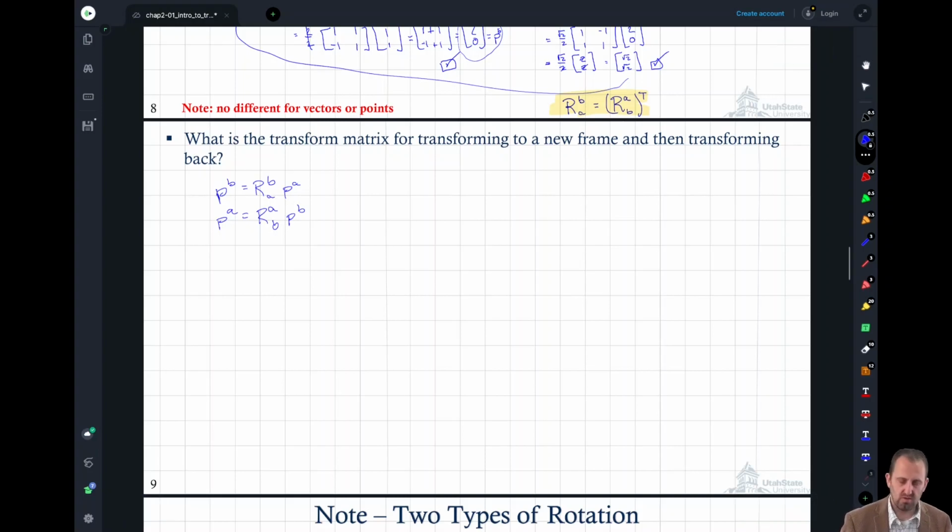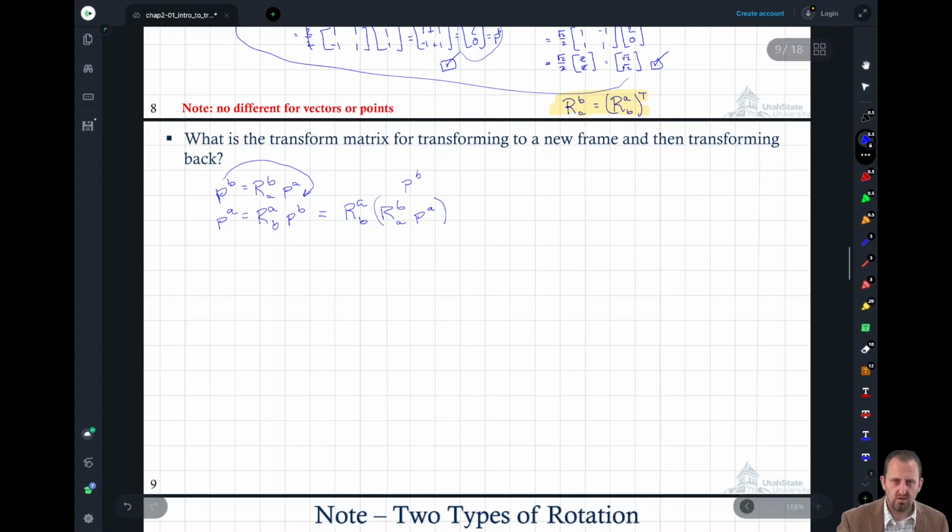Let's just substitute one in for the other. So let's say that we have PB, let's put it into this equation. So we have PA is equal to RBA times, now we have RAB times PA. So again, this is just PB.